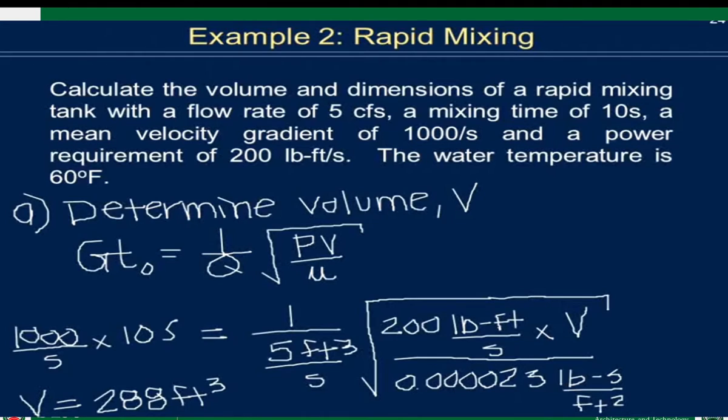To compute for the volume, we are going to use this equation. GT sub O equals 1 over Q square root of PV over mu.